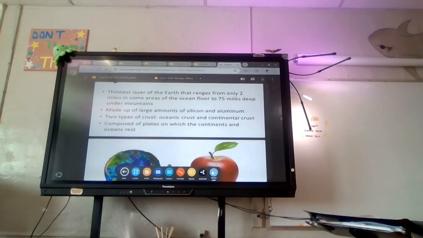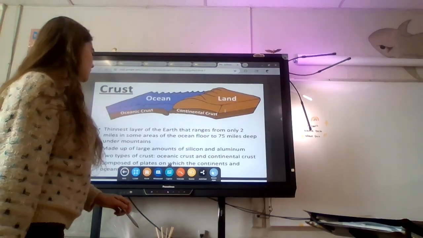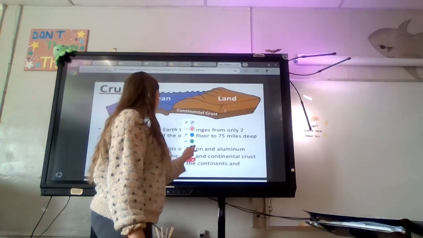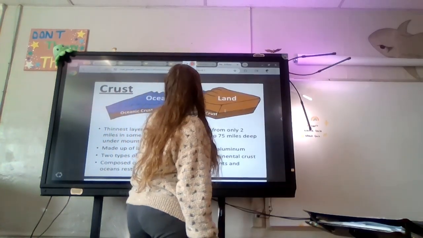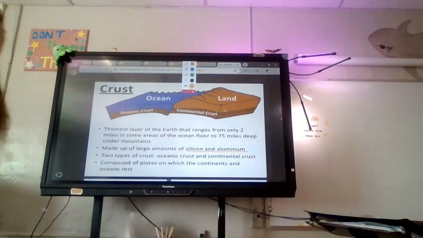In the oceanic crust, it can be 2 miles deep, so this area right here, or it can be up to 75 miles deep in this area, the land. And it is made up of mostly silicon and aluminum, which both of these elements are called light elements.